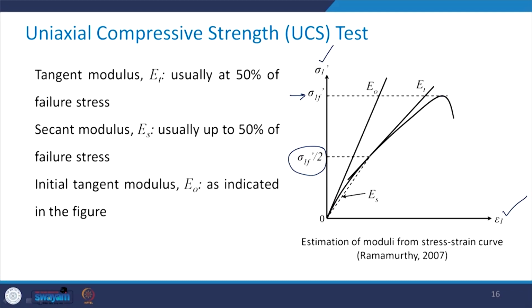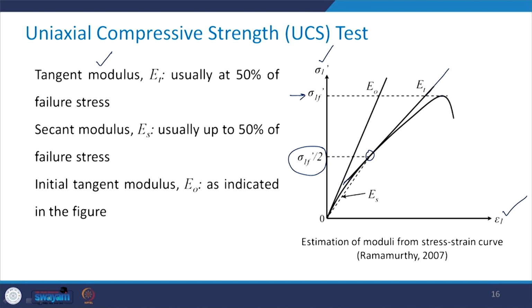Wherever that meets this curve, you draw a tangent at that point. This is the tangent at this point. The slope of this gives me the tangent modulus. This is usually defined at 50% of the failure stress.